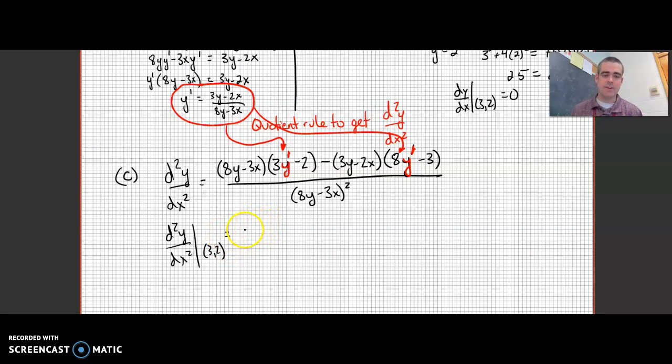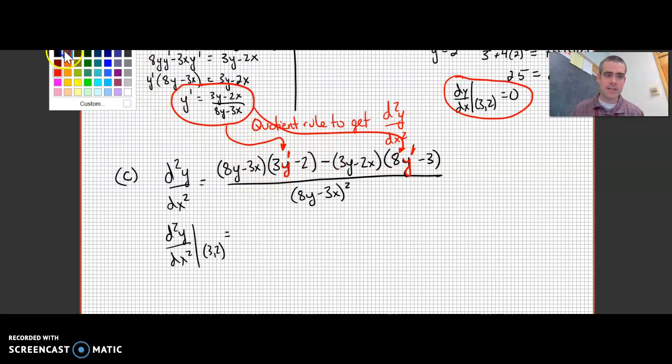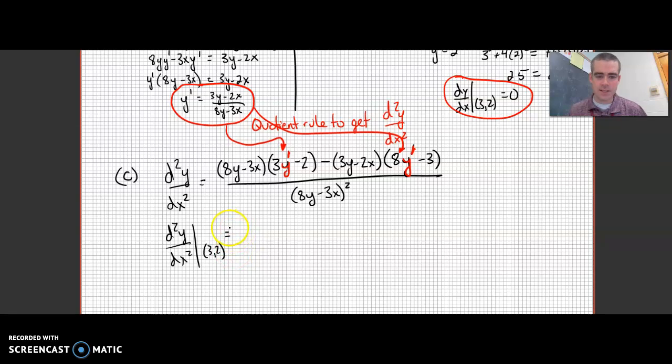Here, though, you have a little bit of an advantage because you know what dy/dx, or y', is at the point (3, 2). You found that in part B. In part B, we saw that dy/dx at (3, 2) is equal to 0. So wherever I see a y', I'm just going to write 0.